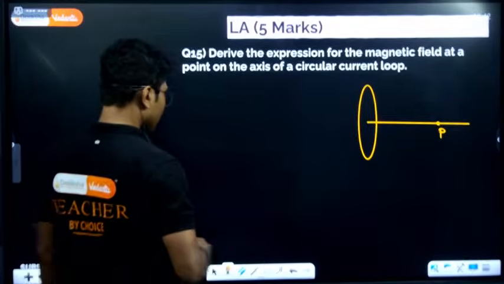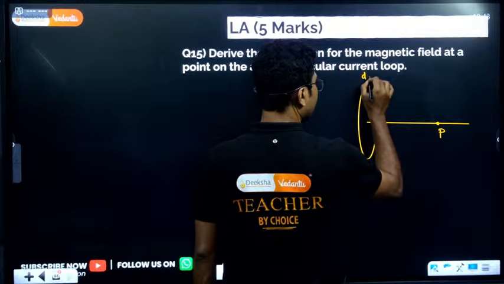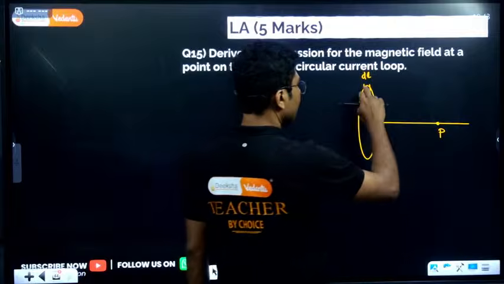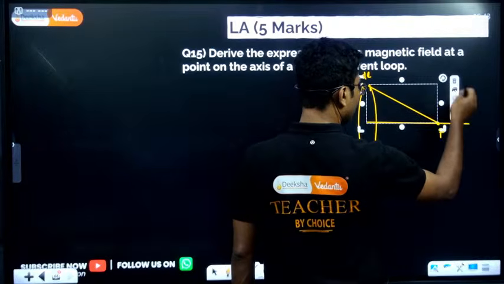We have to take a small element dl. Start with a small element dl and apply Biot-Savart's law to find the magnetic field.